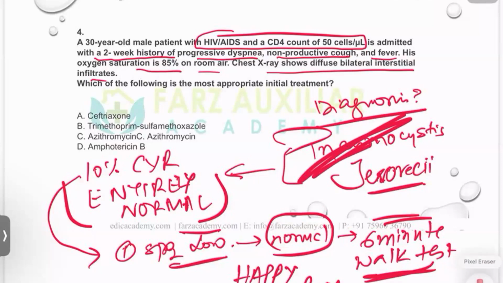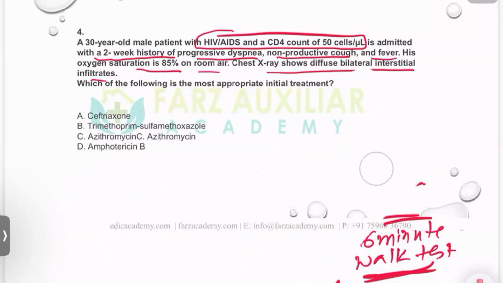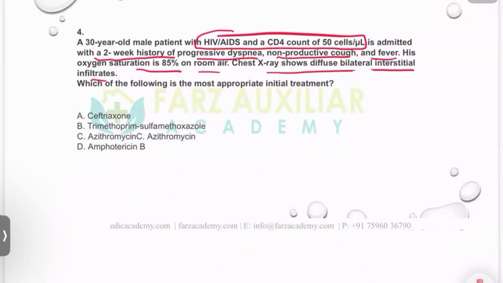That is why one of the diagnostic criteria for Pneumocystis pneumonia is PO2 levels less than 70 mm, because it causes problems with the DLCO, diffusing lung capacity for carbon monoxide. So basically the pulmonary membrane is distorted. This is what happens with PCP pneumonia.